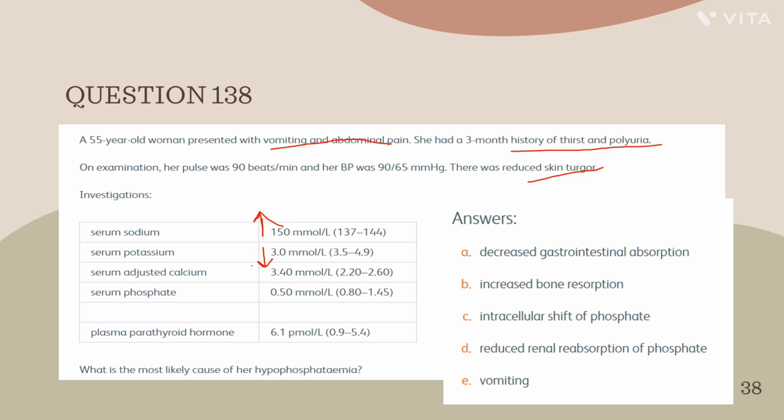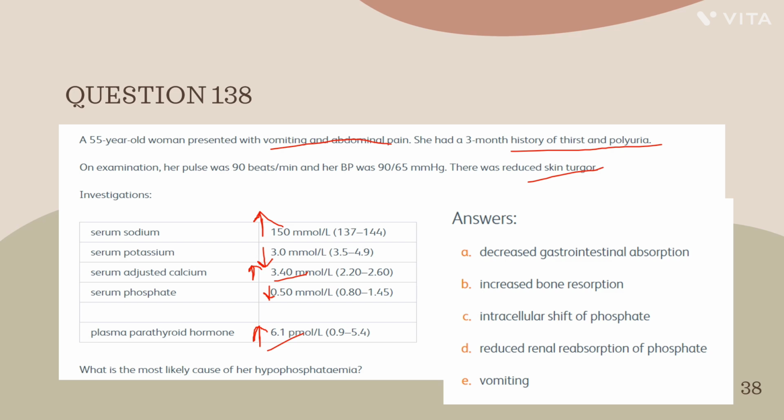Calcium is high. Phosphate is low. Parathormone is high. So parathormone is high and calcium is also high. So it is not a feedback mechanism from calcium, because if it was a feedback mechanism from calcium, parathormone would have been low. Okay.